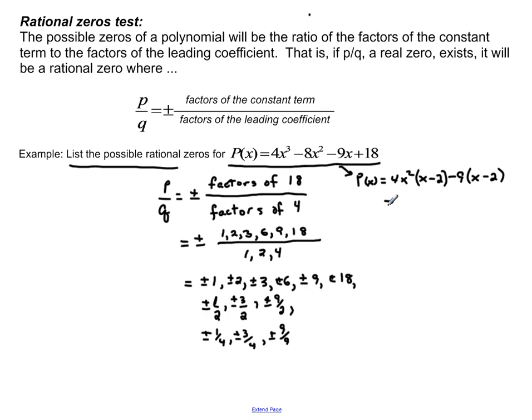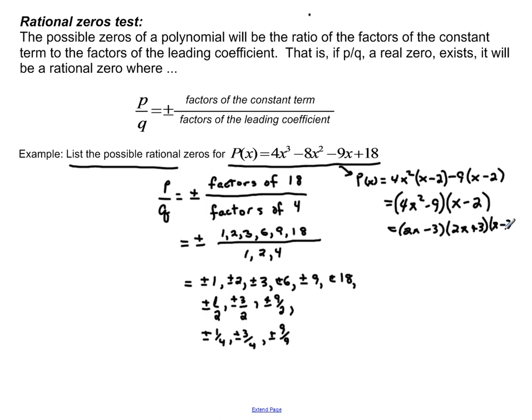And we note that this becomes 4x squared minus 9 times x minus 2. And 4x squared minus 9 factors as 2x minus 3 and 2x plus 3, all times x minus 2.